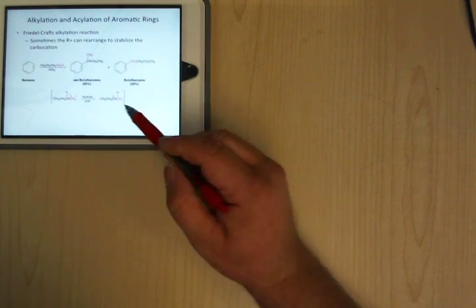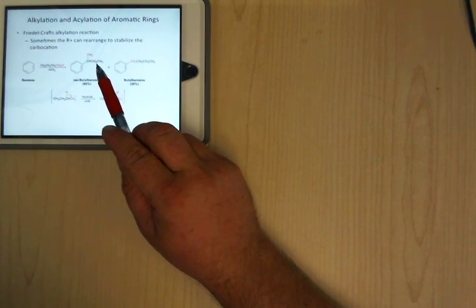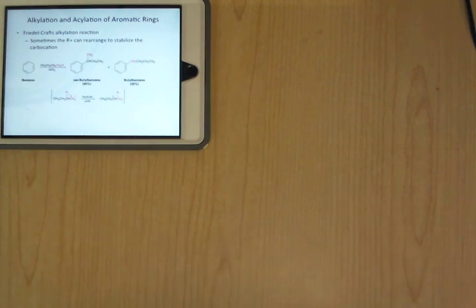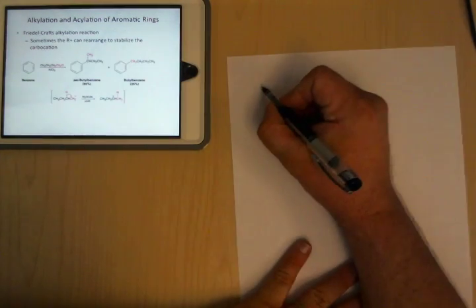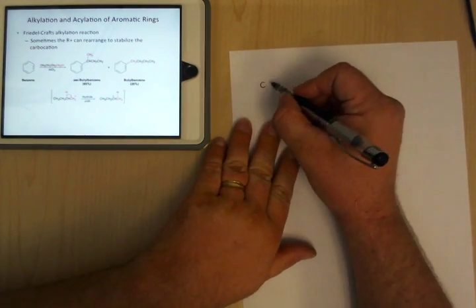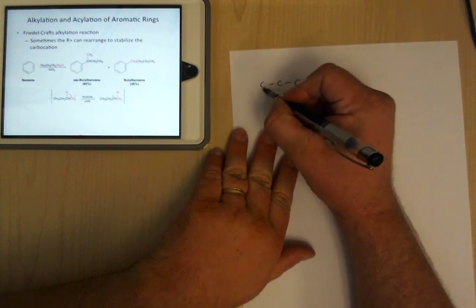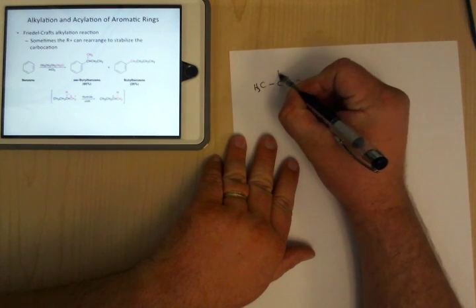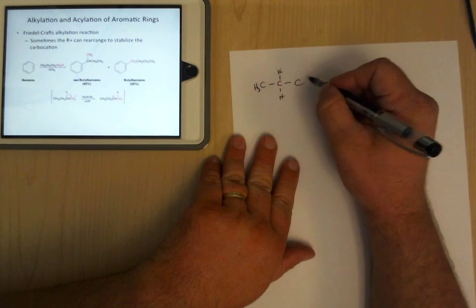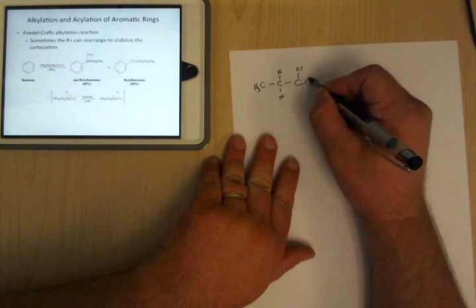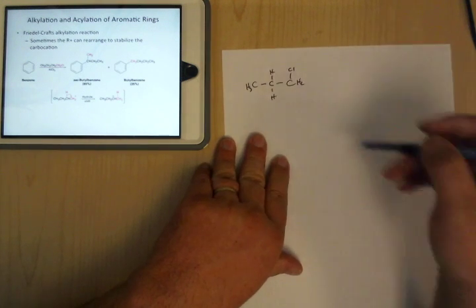But probably the biggest issue is that you can sometimes get rearrangement, right? If you remember back, what's the first step of the mechanism?